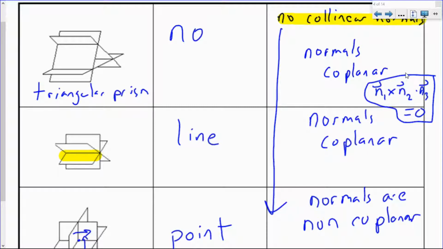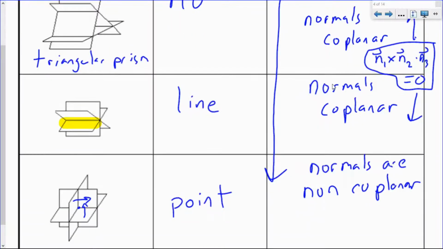Sorry if that's a little messy there. But that's the triple scalar product. So that's true for these 2 examples, but it's not true here. So in this case, n1 crossed with n2 dotted with n3 would not be equal to 0. Sometimes we put the brackets here, but we don't need to.